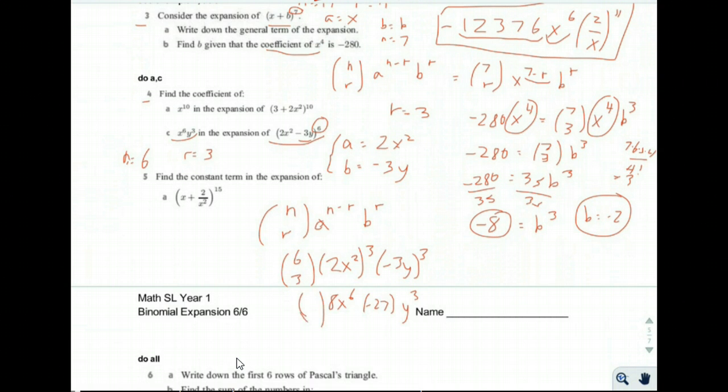And then we would have 6 choose 3, which would be something like 6 times 5 times 4 divided by 3 factorial. It'd be about 20.